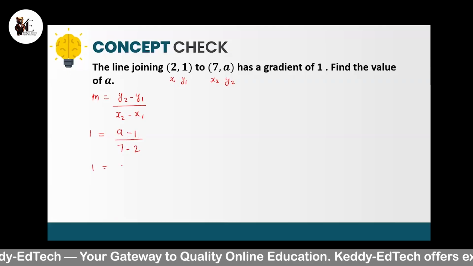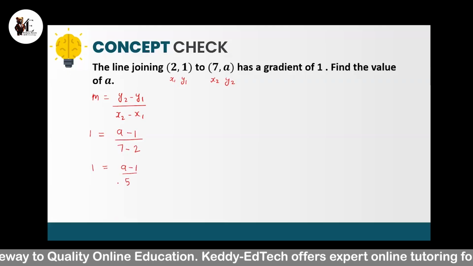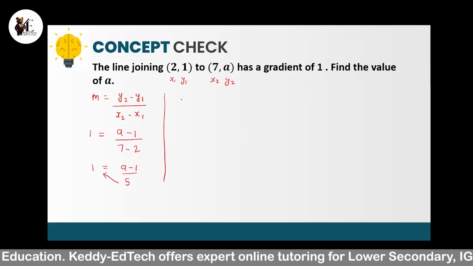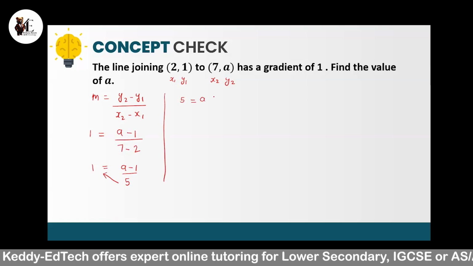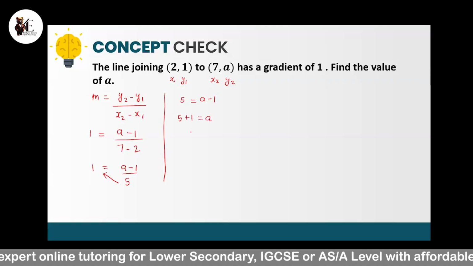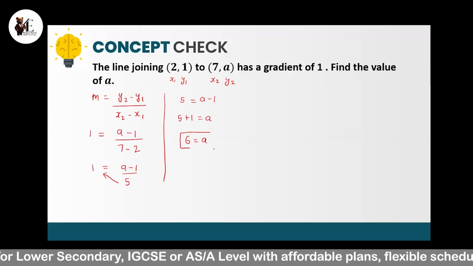So 1 is equal to a minus 1 over 7 minus 2, that will be 5. Doing the cross multiplication, 1 into 5, that is 5, is equal to a minus 1, or 5 plus 1 is equal to a. That is, the value of a will be 6.